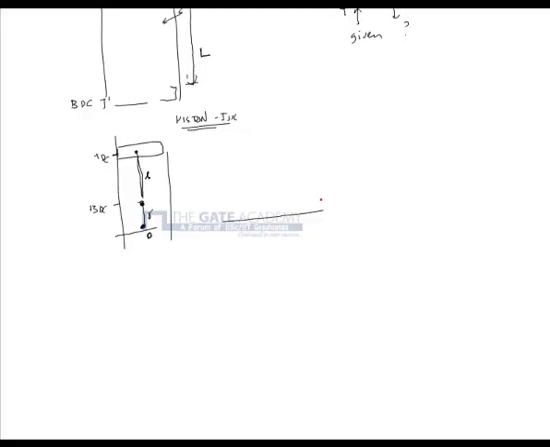Now let me draw another position where the piston is at BDC. So this is my piston, which is at BDC. Remember, this may not be exactly BDC, and these are not the same, though it looks the same in the figure. My R will be somewhere here, and some portion of the connecting rod will be over the incline.